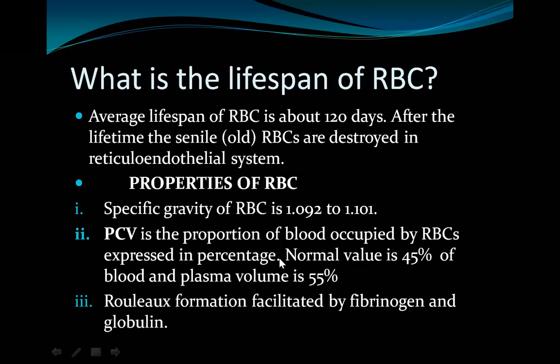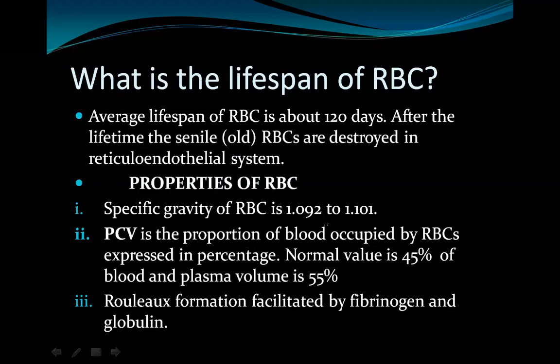So what is the normal lifespan of the red blood cell? Average lifespan is about 120 days. After this lifetime, the old, also called senile, red blood cells are destroyed in the reticuloendothelial system, majorly in the spleen.